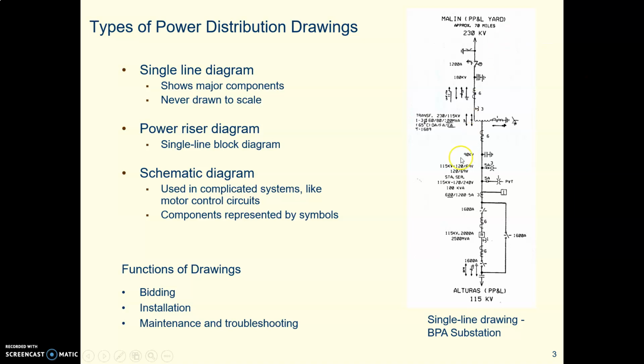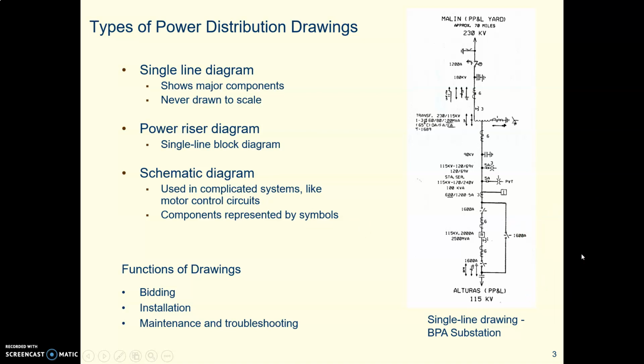And the diagram you see on this slide is the one that we looked at in our worksheet. We'll also look briefly at power riser diagrams, which are a little bit more local. And then we'll look briefly at schematic diagrams, which we'll talk about more next time.